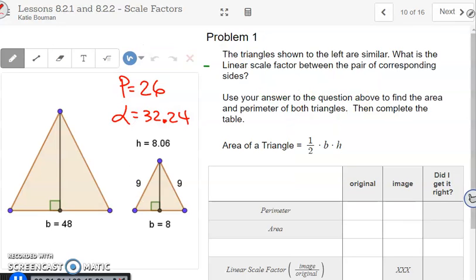So in this problem, the perimeter of the triangle on the right is 26, and the area is 32.24. The linear scale factor between the two triangles is 6.